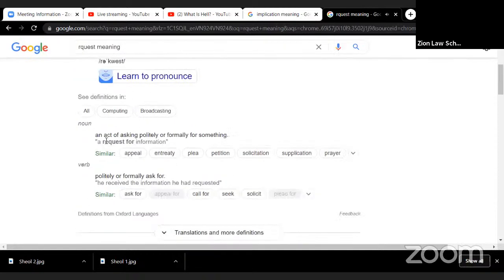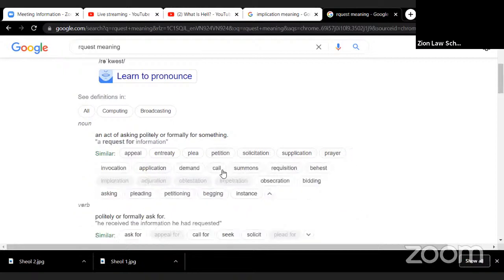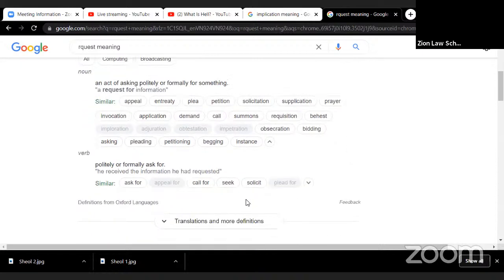Okay, as a noun, to request means an act of asking politely or formally for something. As a verb, politely or formally ask for. The similar words are appeal, plea, petition, solicitation, prayer, application, demand, call, summons, bidding.